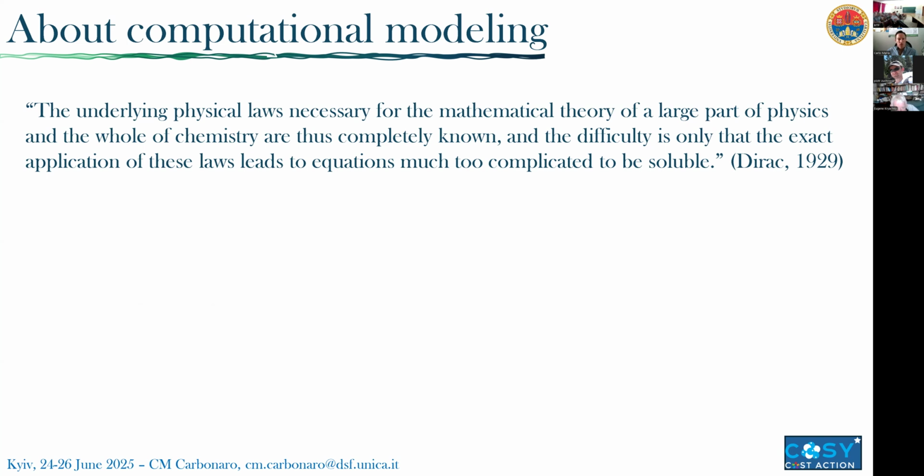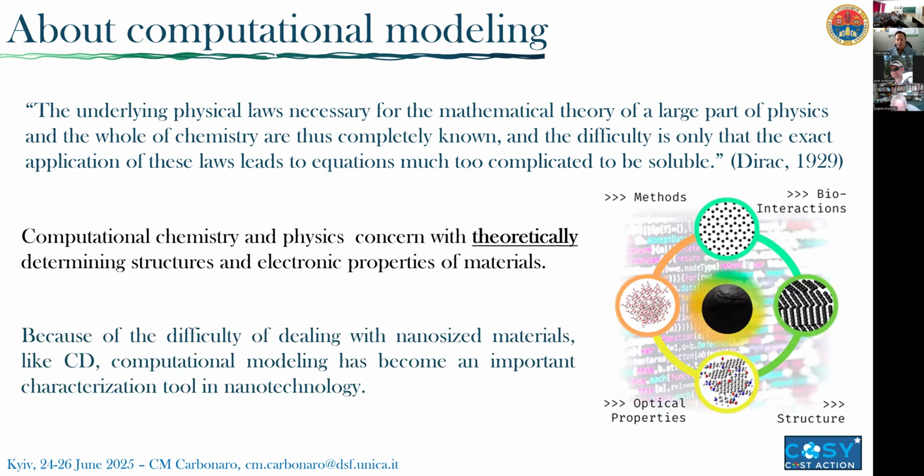So computational chemistry and physics are concerned with theoretically determining structures and electronic properties of materials. And since it's difficult to deal with nanosized materials, like our carbon dots, computational modeling in recent years has become a very important characterization tool for nanotechnology.